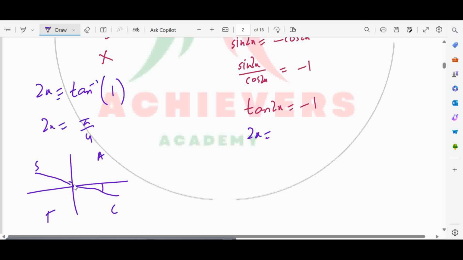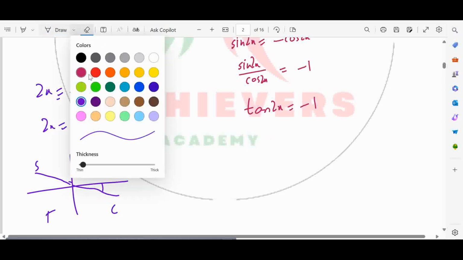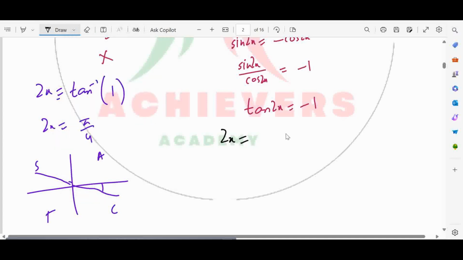So 2x will be equal to, we will have two values. The first one will be pi minus pi by 4.